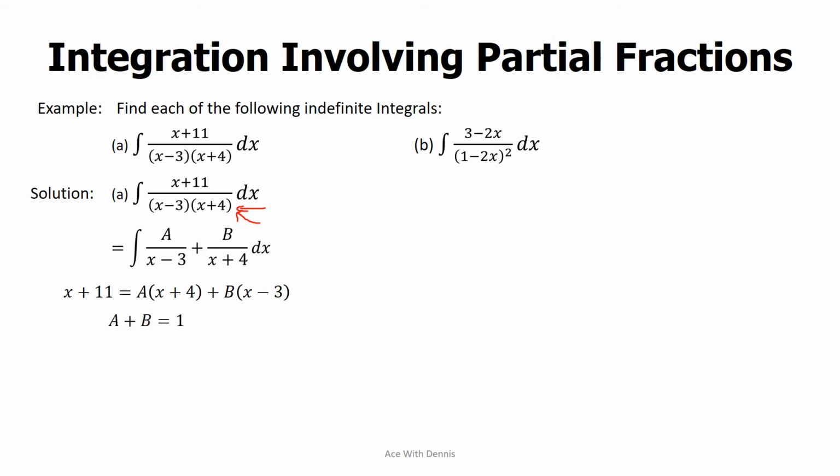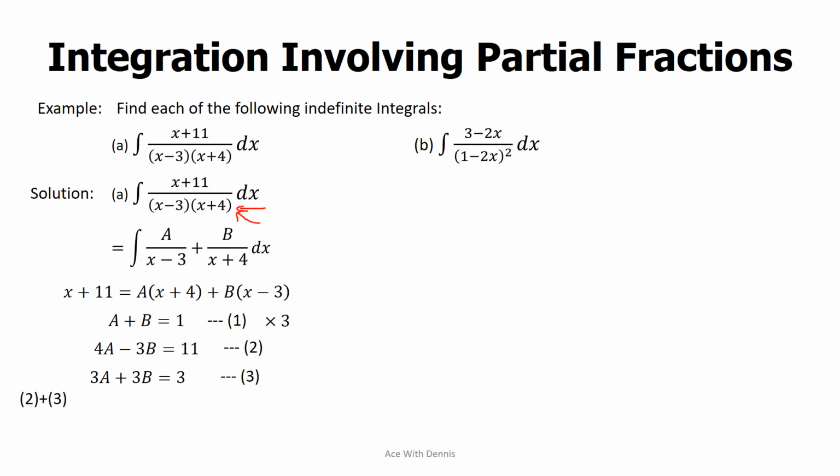And now, we can say that a plus b equals 1, and 4a minus 3b equals 11. So this is the first equation, and this is the second equation. We multiply by 3 on both sides of equation 1, which gives us 3a plus 3b equals 3. And we label this as equation 3.